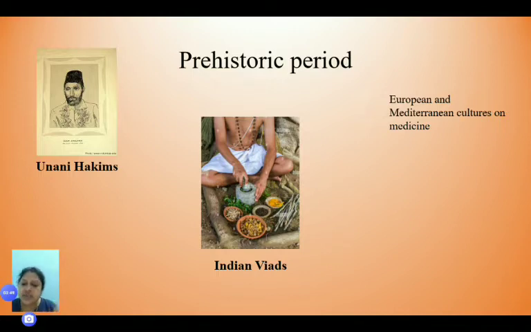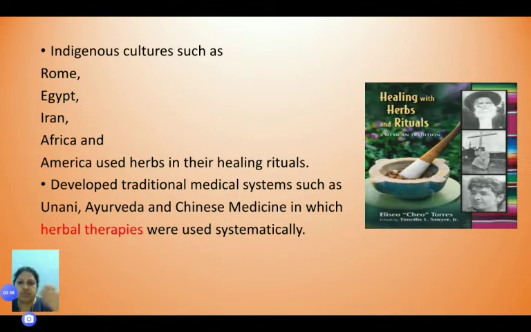Indigenous cultures such as Rome, Egypt, Iran and Africa, and even America, used herbs in their healing rituals. Others developed herbal therapies, that is, traditional systems. They framed the herbal therapies themselves and used them systematically, and many books were published on that.